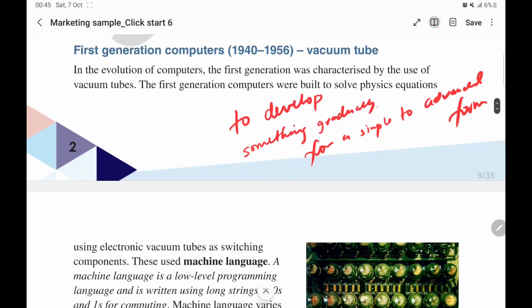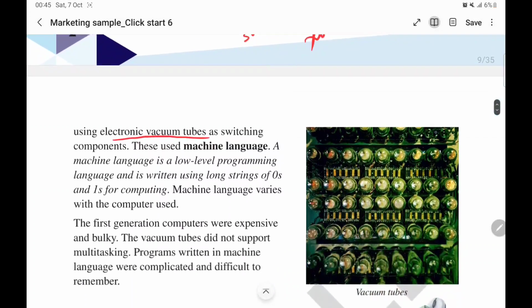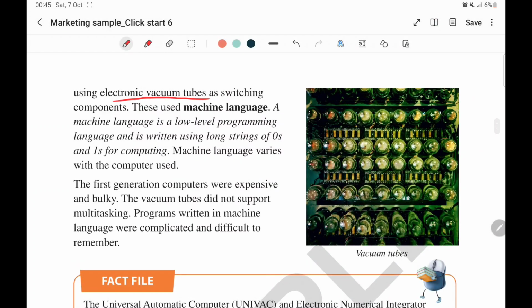Here we need to focus that these first generation computers were using electronic vacuum tubes. By the help of vacuum tubes only, those scientists were solving physics equations.